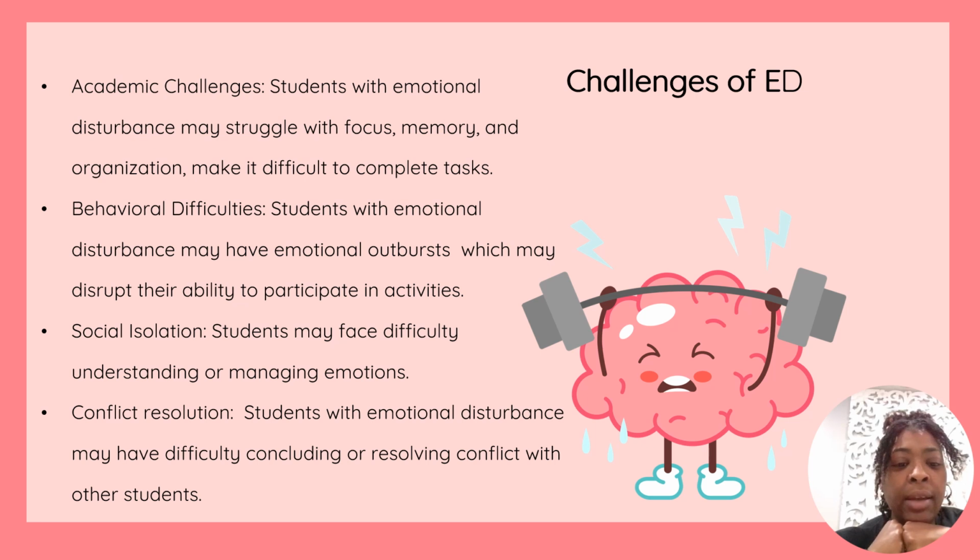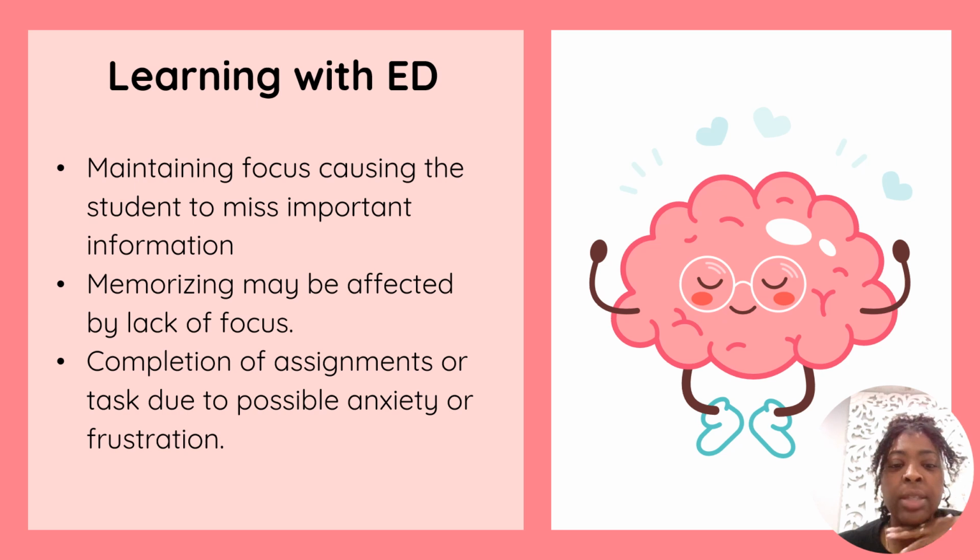And they might experience some social isolation from peers, just trying to understand their emotions and managing their emotions. And conflict resolution is not very good. They sometimes may not be able to find a medium or find a way out of conflict with other students whenever they're dealing with this.